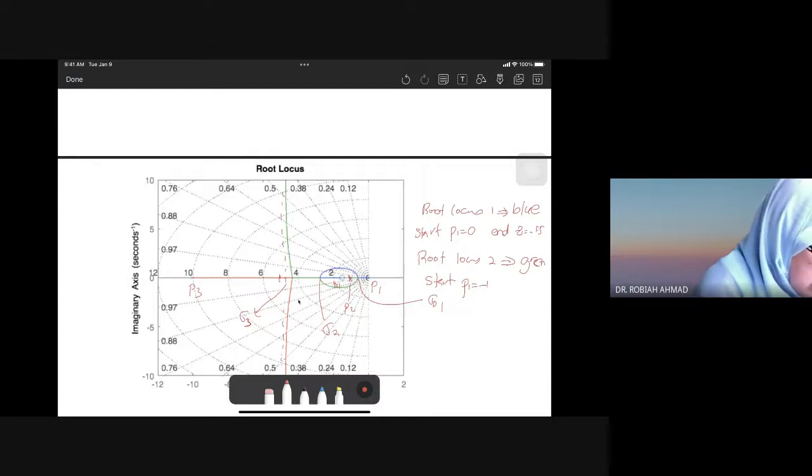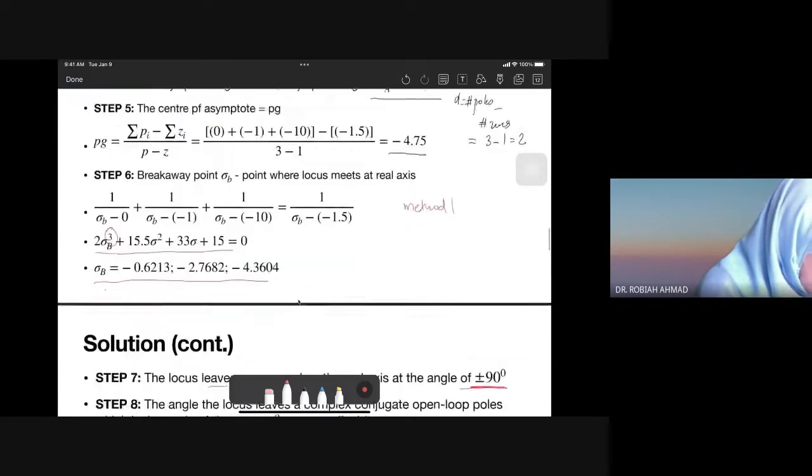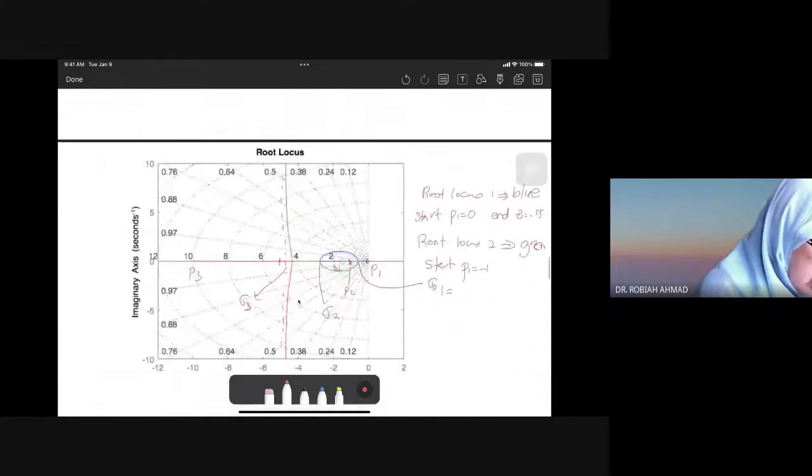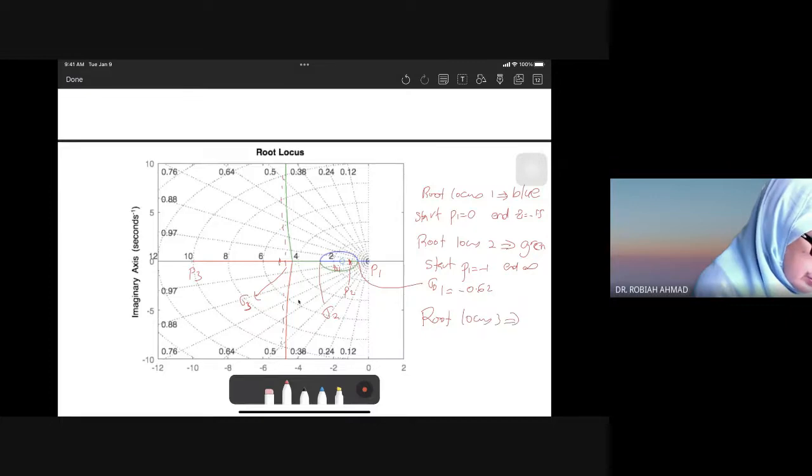And then it breaks at breakaway number 1, the point of 0.6213, minus 0.62. Okay, so it breaks here and then it goes to breakaway number 2. Okay, here is number 2, and then here it goes to infinity. And then root locus number 3 is red.